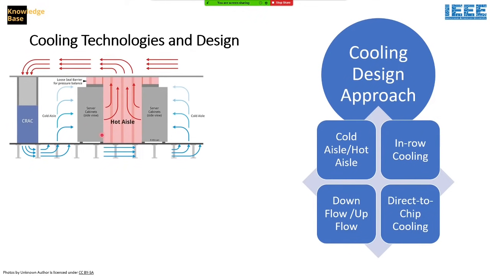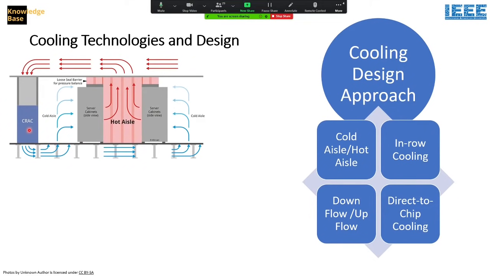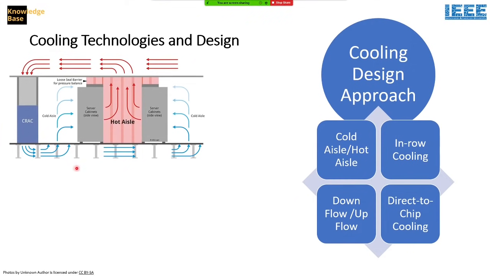If you see in this picture, these are the cabinets, the server racks, and we have a cold area outside, and we have a closed containment between the racks with an exhaust from the top of the hot aisle that takes the hot air back to the CRAC unit or the cooling unit. This cooling unit could be connected to a chilled water supply or to a DX system. Could be both options. And this is one way.